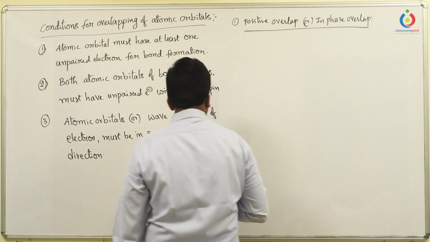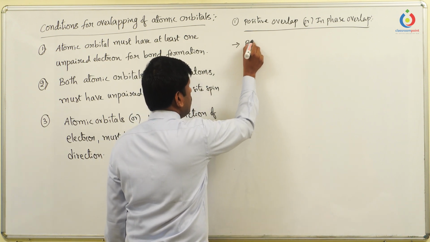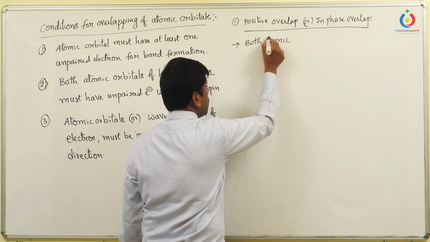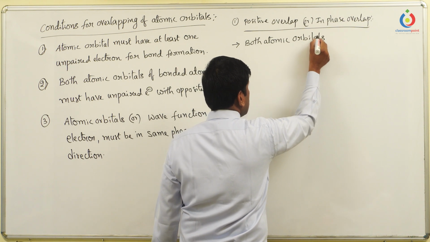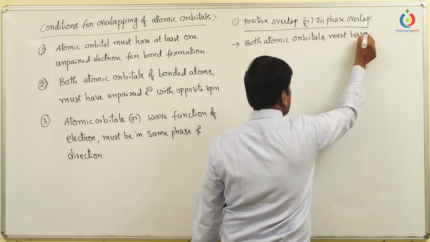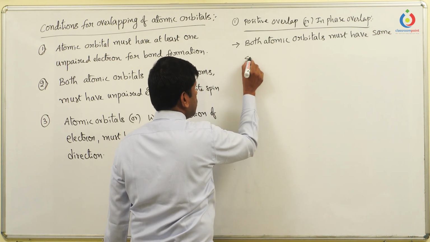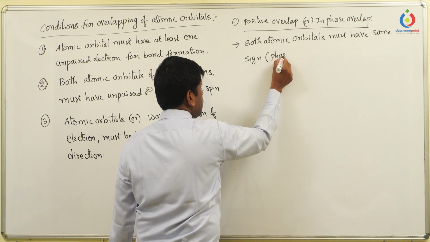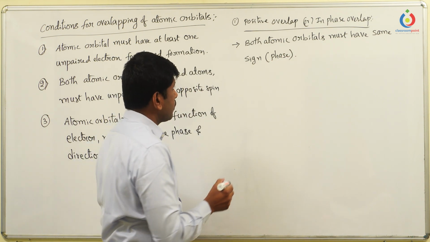The conditions for the positive overlap are: both atomic orbitals must have the same sign. This sign represents the phase in which the electronic waves are present.